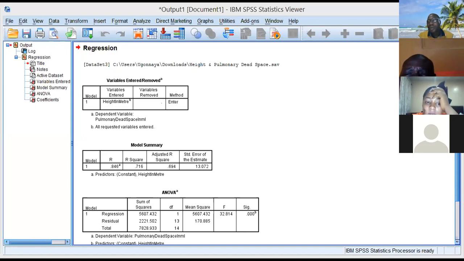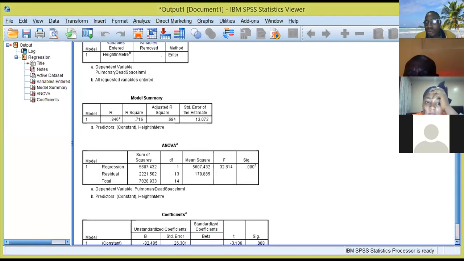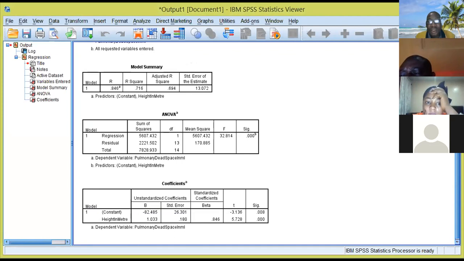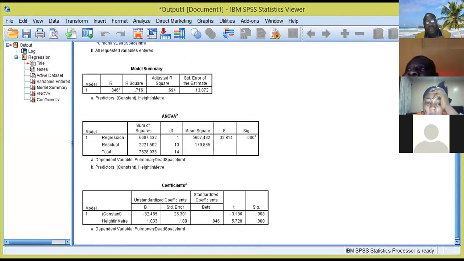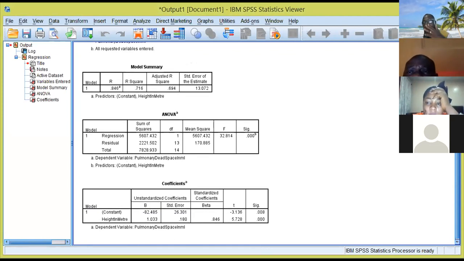Do you all agree with that? If you have something that's not clear, please ask. Okay, if you look at the coefficients, that's where we stopped. We discussed the model summary and ANOVA extensively yesterday.